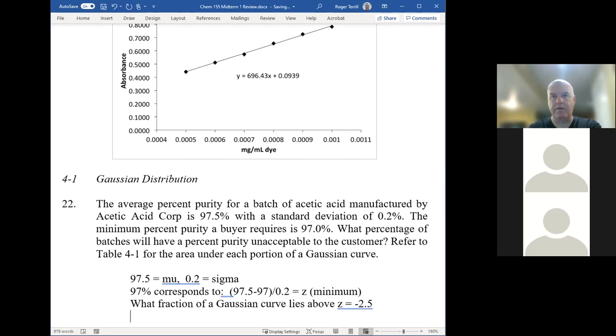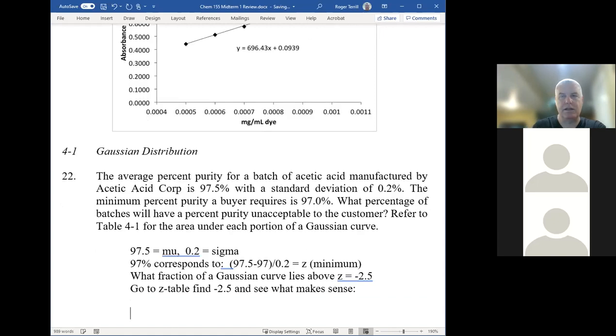And so we would have to go to the Z table and then find 2.5 or minus 2.5 and see what makes sense. So let's see if we can do that.